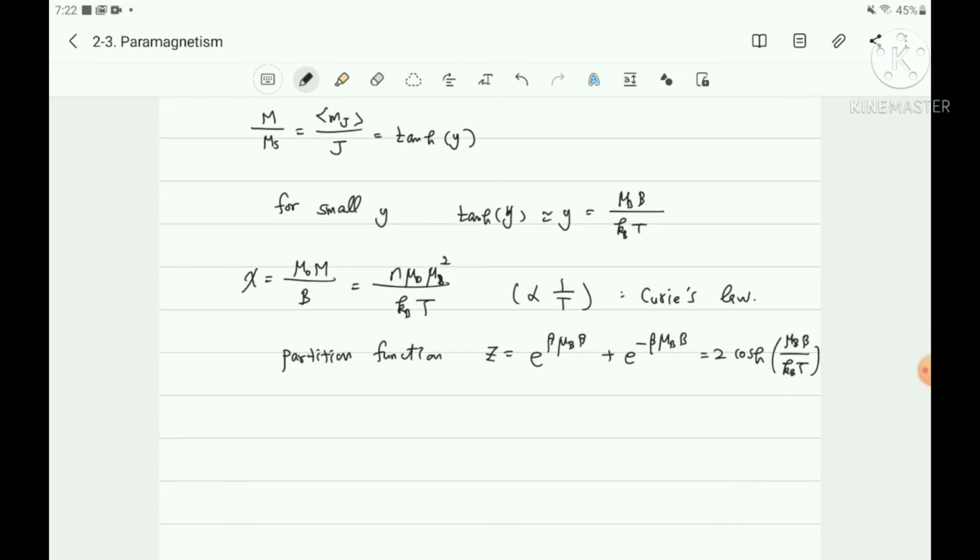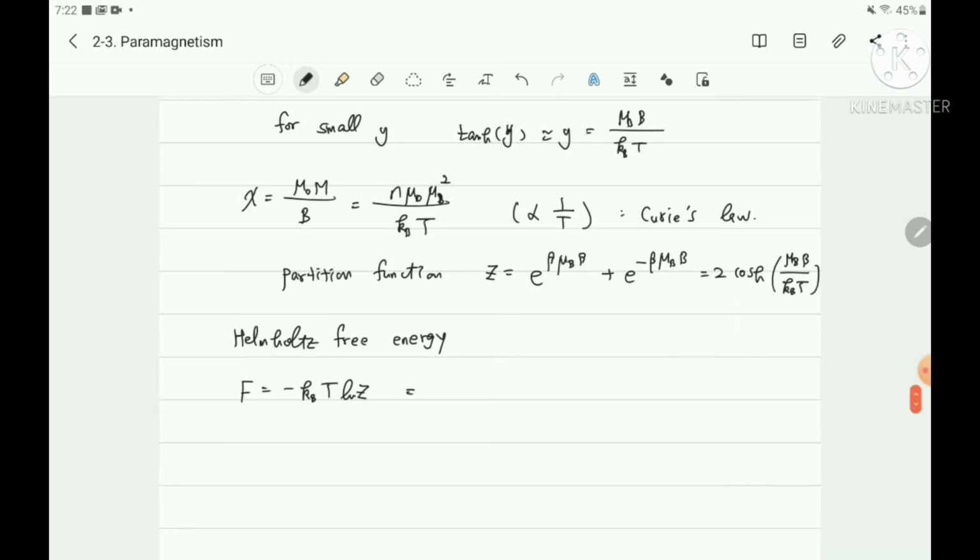From this, the Helmholtz free energy can be calculated as minus kBT ln Z. Therefore, for N spins in a real system, F is minus N kBT ln of 2 cosh of mu B B over kBT.